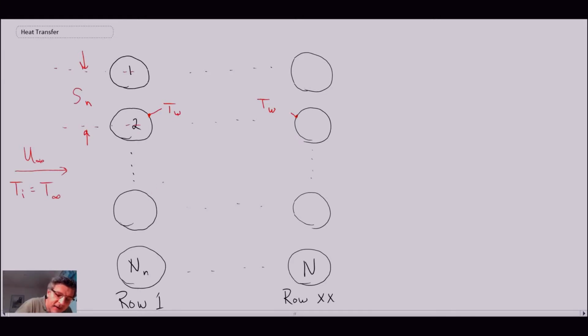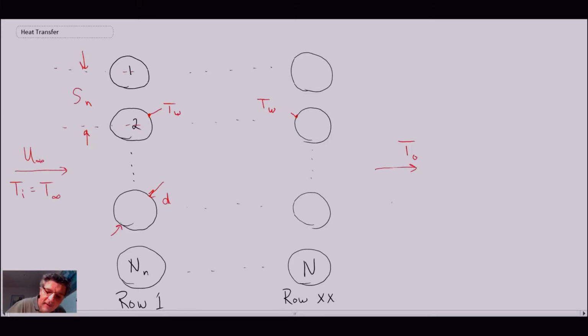And the final thing is the diameter of each of our tubes is a little d. And then on the back side of the tube bundle, where the flow is emerging, it will have gone through a change in temperature, either a higher or a lower temperature.